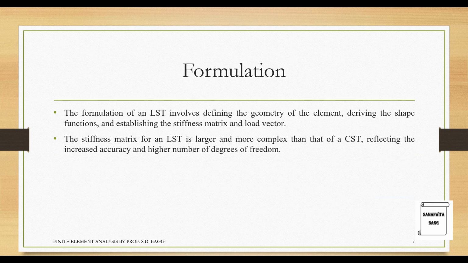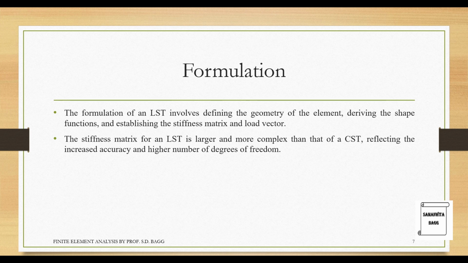Formulation of an LST involves defining the geometry of the element, deriving the shape functions, and establishing the stiffness matrix and load vector. So that's how you formulate an LST. The equations which you have for shape function will be different, but when you talk about the other equations for defining the stiffness matrix or for figuring out the load vector, it will be similar to the one which you have done in CST element.